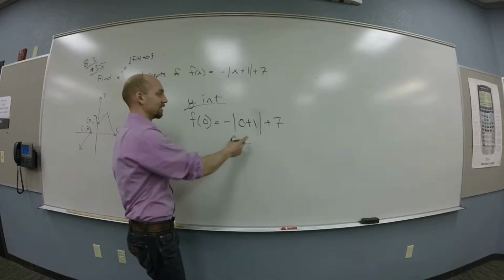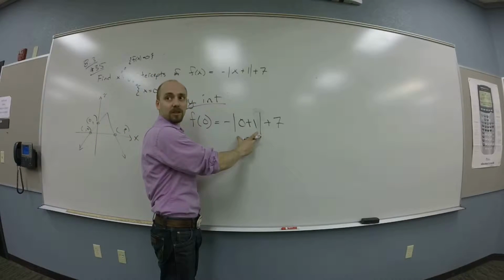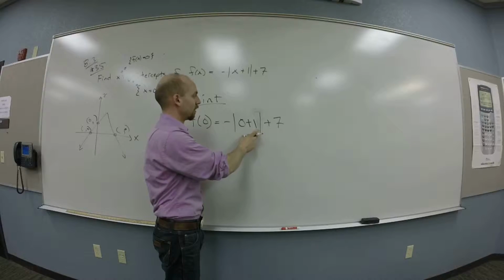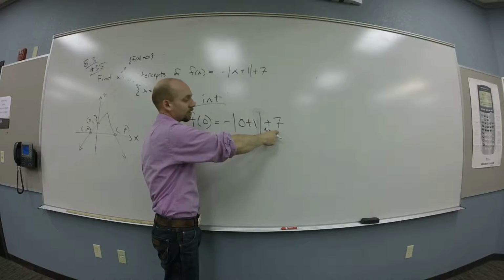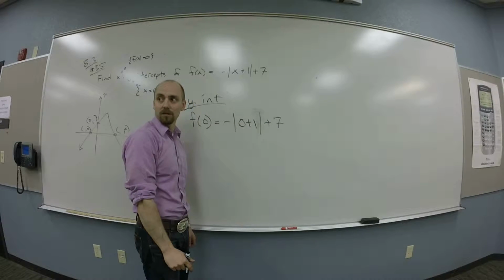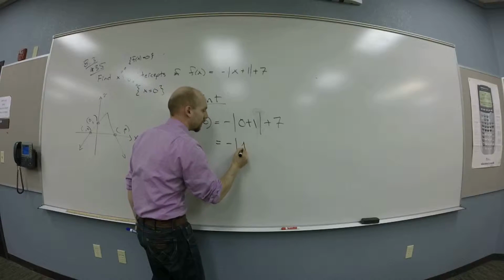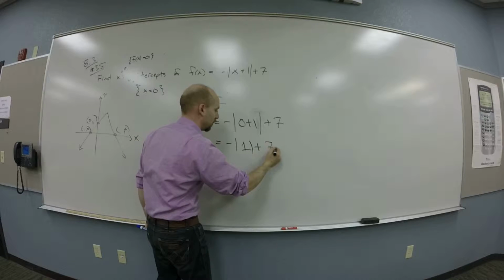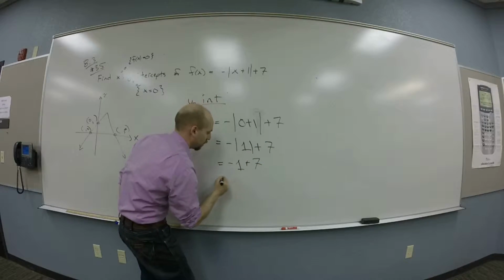Six. 0 plus 1 is 1, right? The absolute value of 1 is 1. Minus makes it negative 1. Plus 7 is 6. You guys want me to write that down? No? Yeah. So that's minus the absolute value of 1 plus 7, is minus 1 plus 7, is 6.